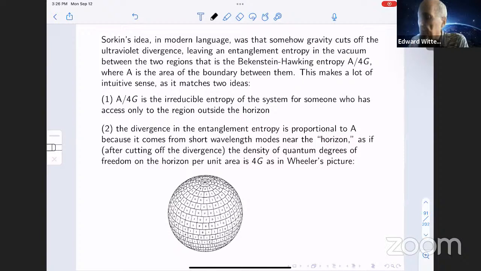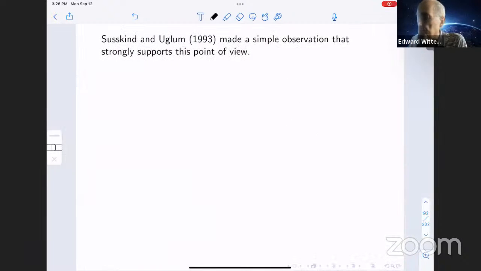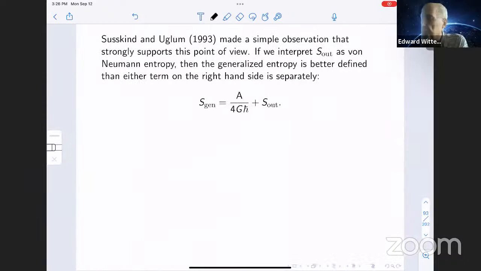And there were further developments I won't tell you about in the 80s. The next thing I will tell you about was done in 1993 by Susskind and Uglum. They made a simple observation that strongly supported this point of view. Remember that Bekenstein had defined the generalized entropy, A over 4G hbar plus S out.